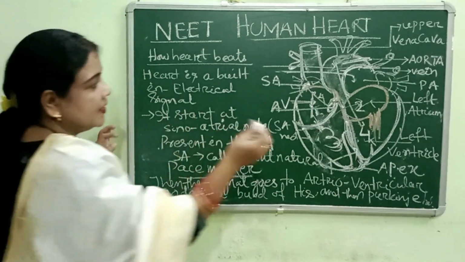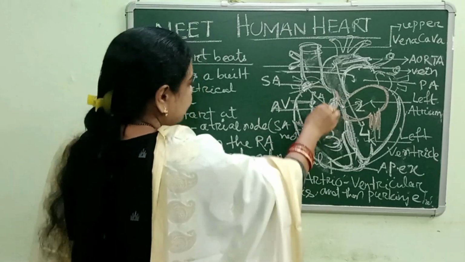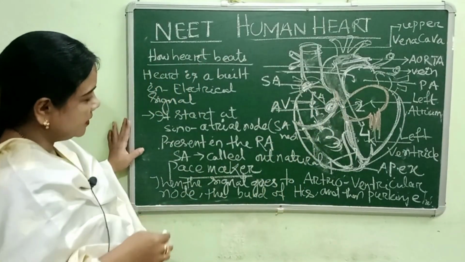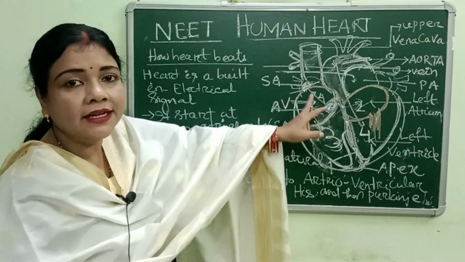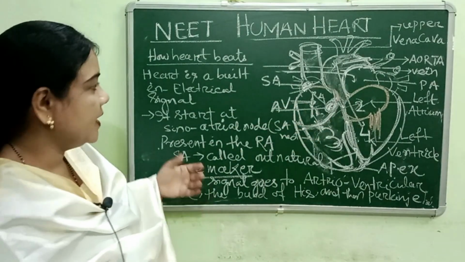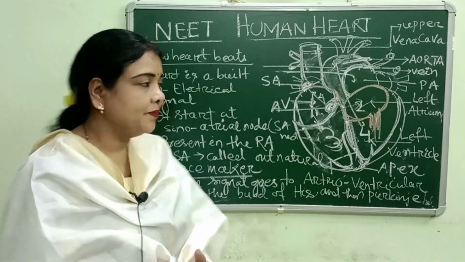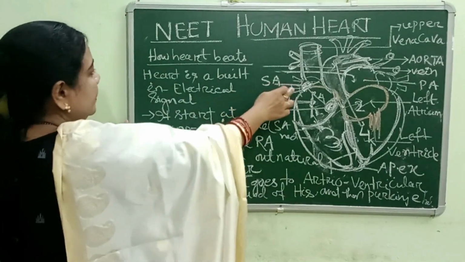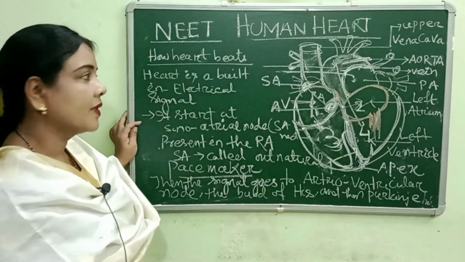Now see here, there is a node. These are basically present in the right atrium. These two nodes are very important nodes where our signal generates and transmits. So basically, the heart has an inbuilt electrical system.